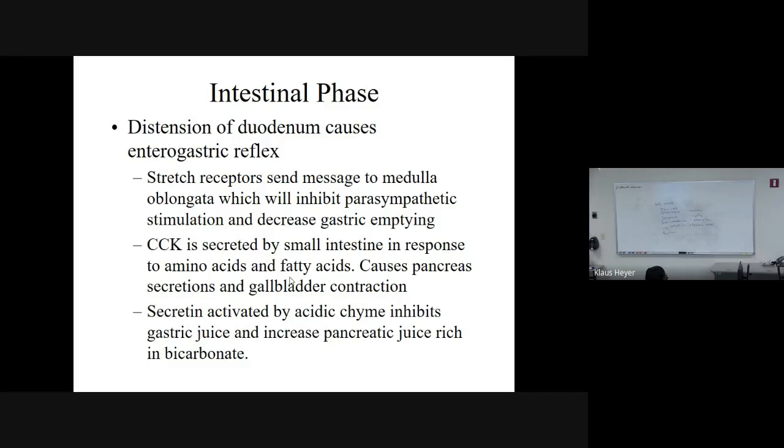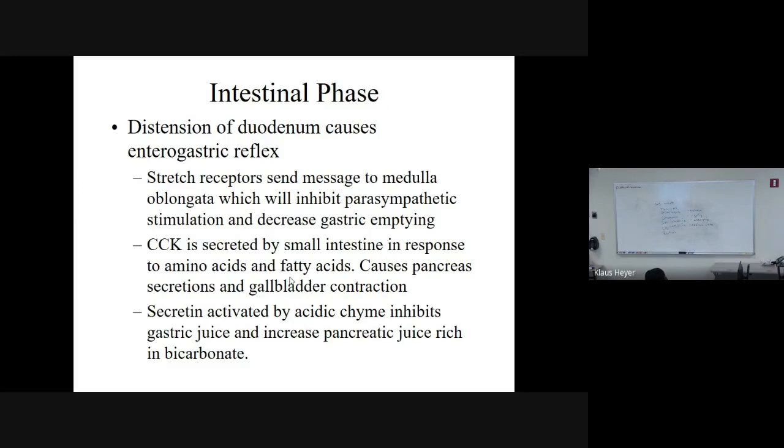So that when you have parasympathetic stimulation, you're digesting your food. The intestinal phase is trying to inhibit this. They don't want the stomach giving it more food. So it's trying to slow it down.